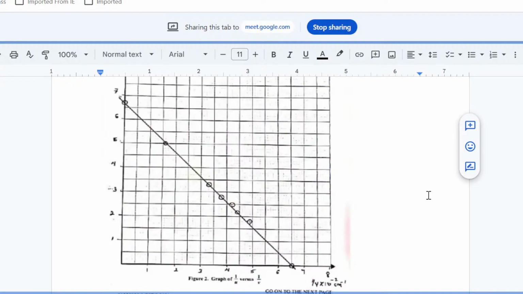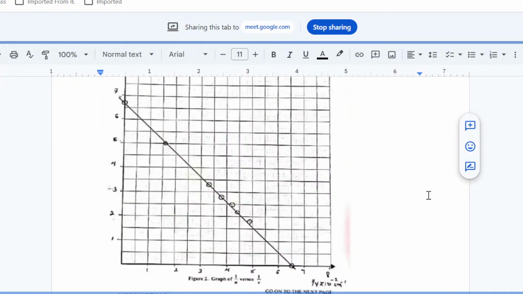Alright, so according to the report, a lot of persons would have. So we know that you're supposed to label the axis, quantity and unit. Alright, in this case, you would have lost marks.